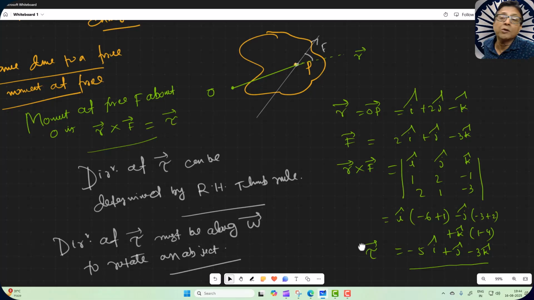Otherwise rotation will not be possible. Rotating means that axis of rotation perpendicular to plane, the way you have defined. So tau must be directed in that direction.